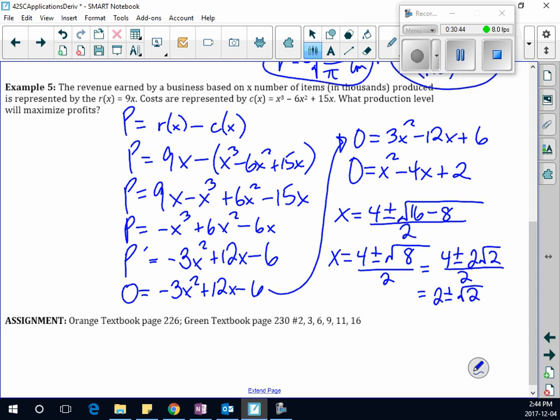Does everybody see that? So on my sign diagram, I'll have 0, and I'll have 2 minus root 2, and I'll have 2 plus root 2. And just for fun, you can do a rough estimate. What's root 2 approximately? Yeah, about 1.4.